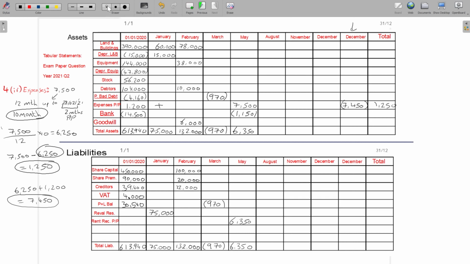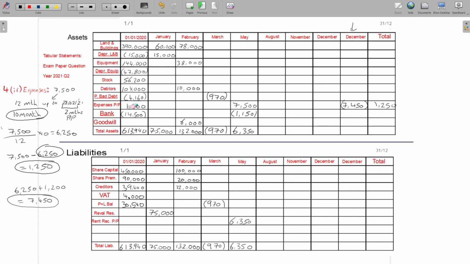So quite confusing, but if we just look through it again. So of that 7,500, what we're keeping for next year is 1,250, okay? 2 months. Yeah.